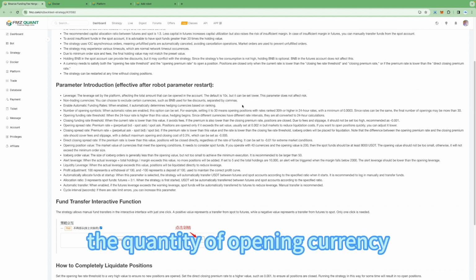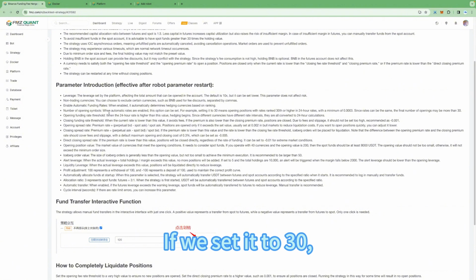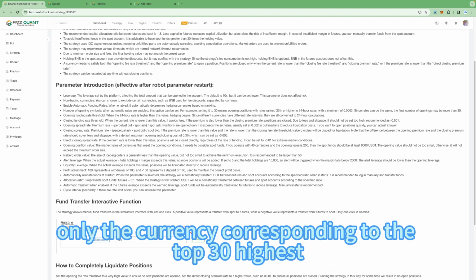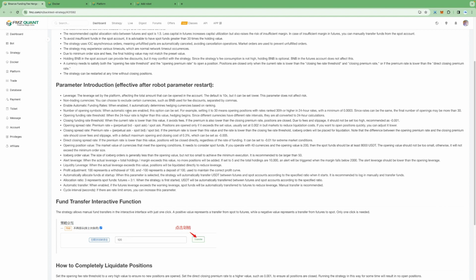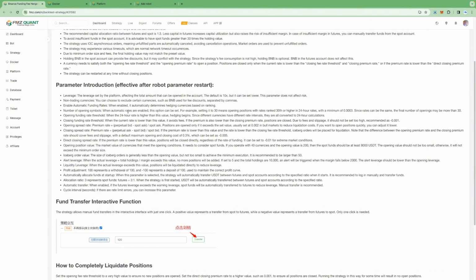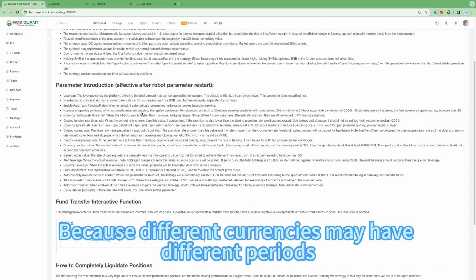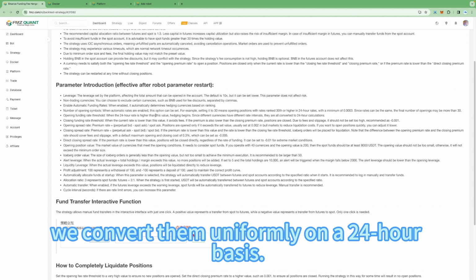The quantity of opening currency can be set after activating automatic rates. If we set it to 30, it means that only the currencies corresponding to the top 30 highest funding rates will be sorted. Why do we need to use it uniformly for 24 hours? Because different currencies may have different periods for charging funding rates. We convert them uniformly on a 24-hour basis.